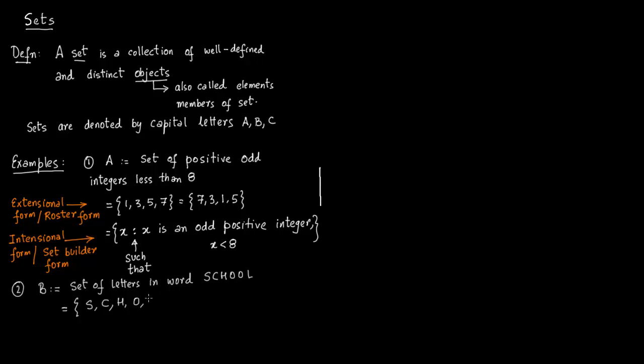Notice that O occurs twice in the word, so instead of having it twice, we just write it once. One O is taken out because we are talking about distinct objects or elements in the set. You can also write it in the intensional or set builder form as x such that x is a letter in the word school.